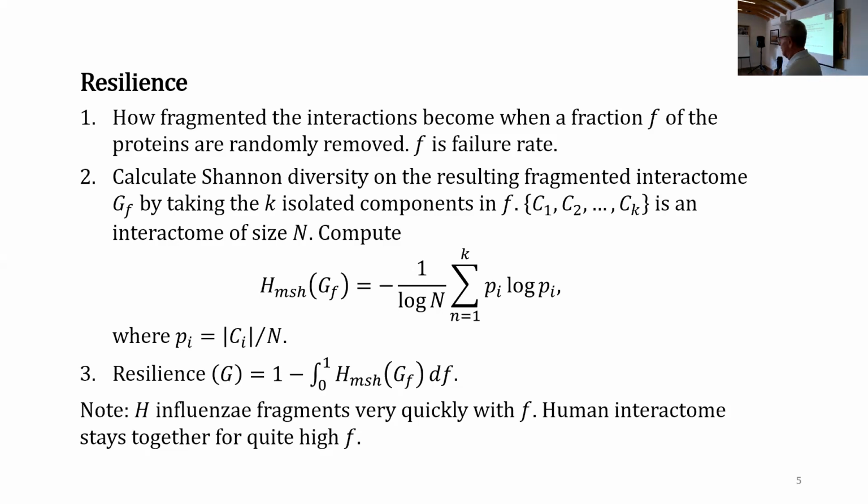It stays together until f becomes quite high. In other words, it's resilient to removal or breakdown of the network. Now, I would put it to you that this is a reasonable way to look at the continuity of transitions.